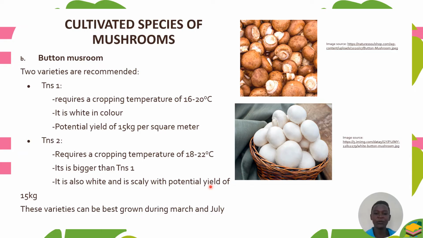Here in Malawi, these months, March to July, are the ones when we at least receive low temperature. Since button mushroom grows better at low temperature, the recommended time for us to grow button mushroom is between March and July.